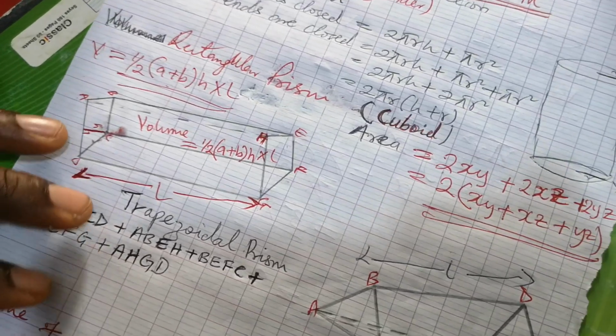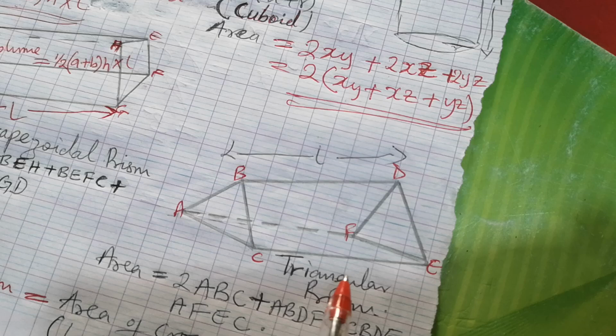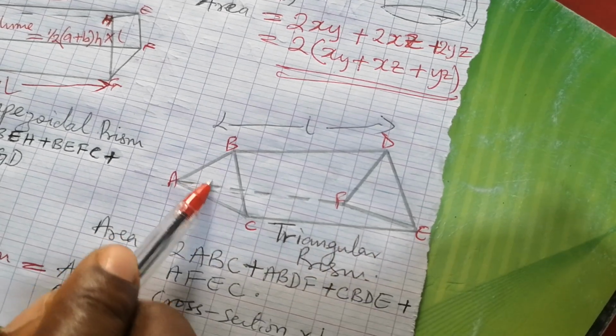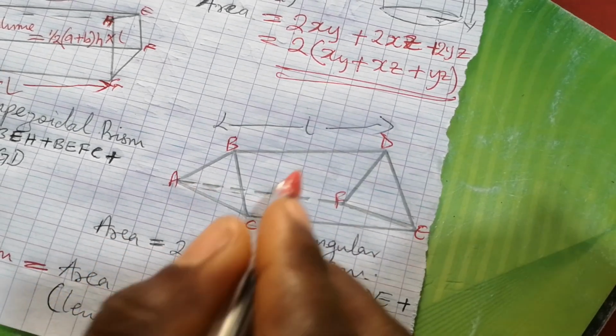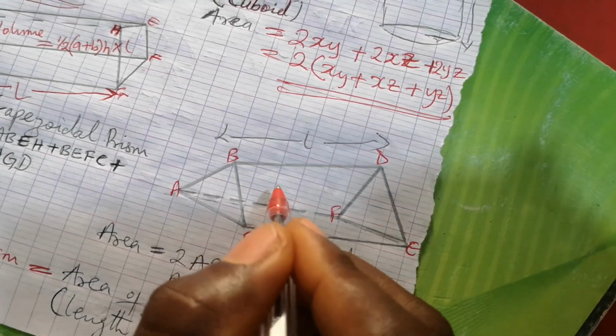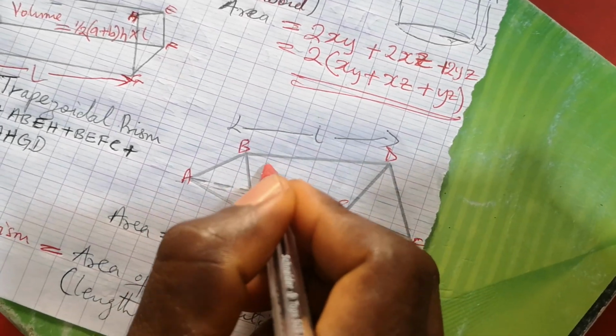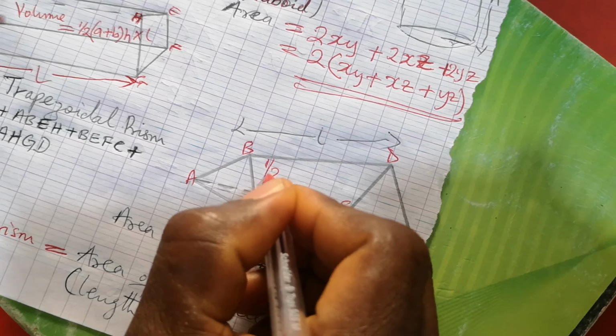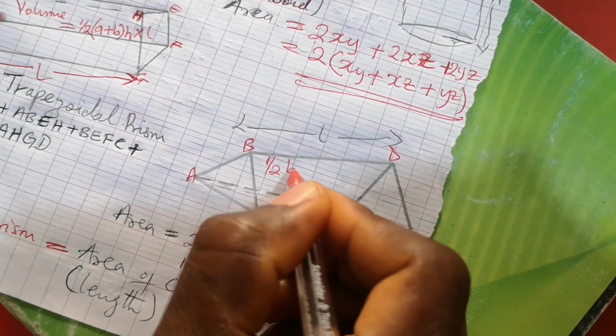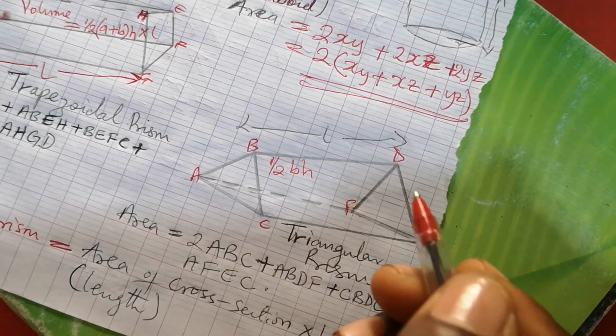Now for this triangular prism, since the cross section is triangular, I will talk about the area of a triangle, and the area of a triangle is half base times height.